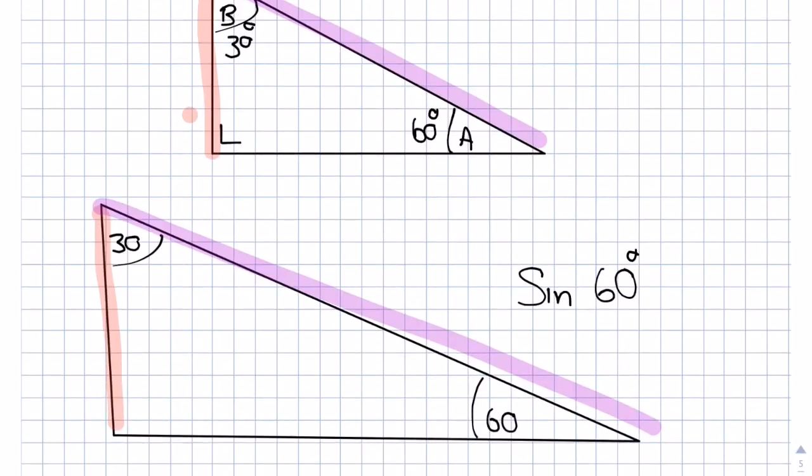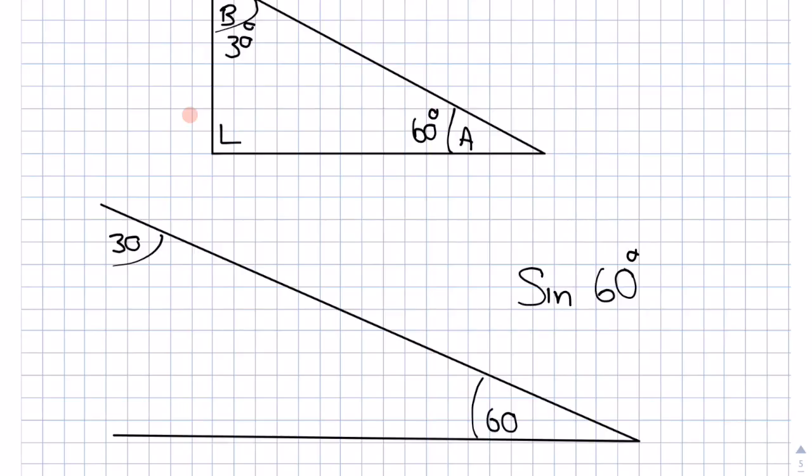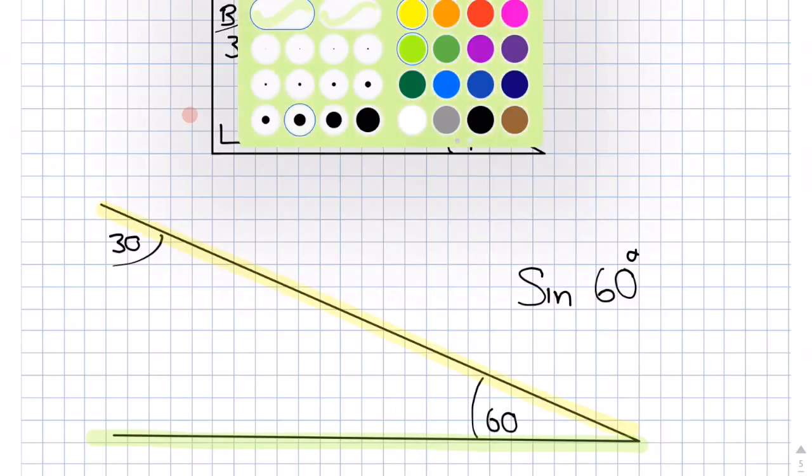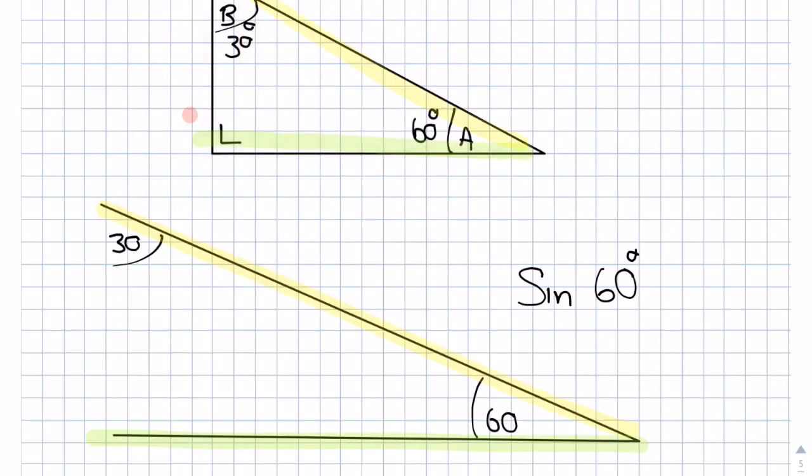Whereas if I were to do this side divided by this side, it will be the same as this one divided by this one. The ratio is the same, and that's known as the cosine, because basically the cosine of 60, which is what this one is, should be the same as the sine of 30.